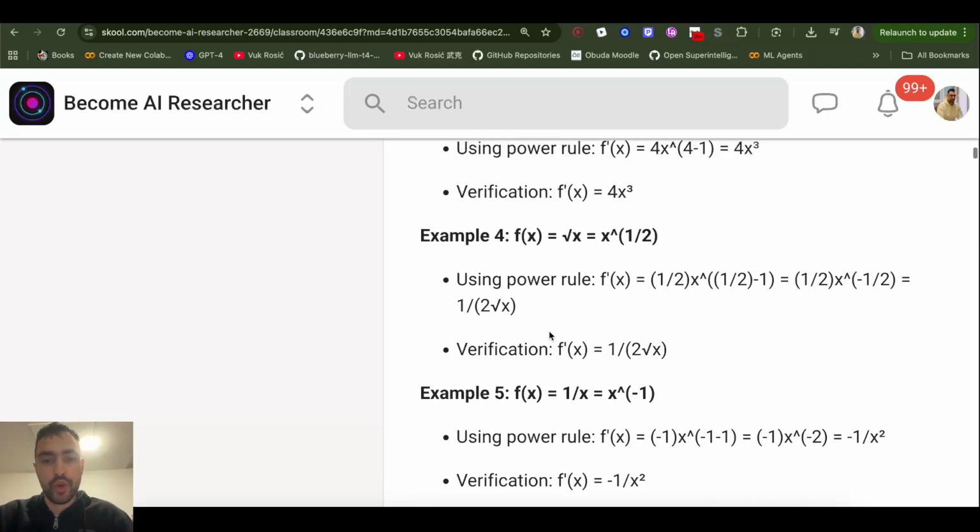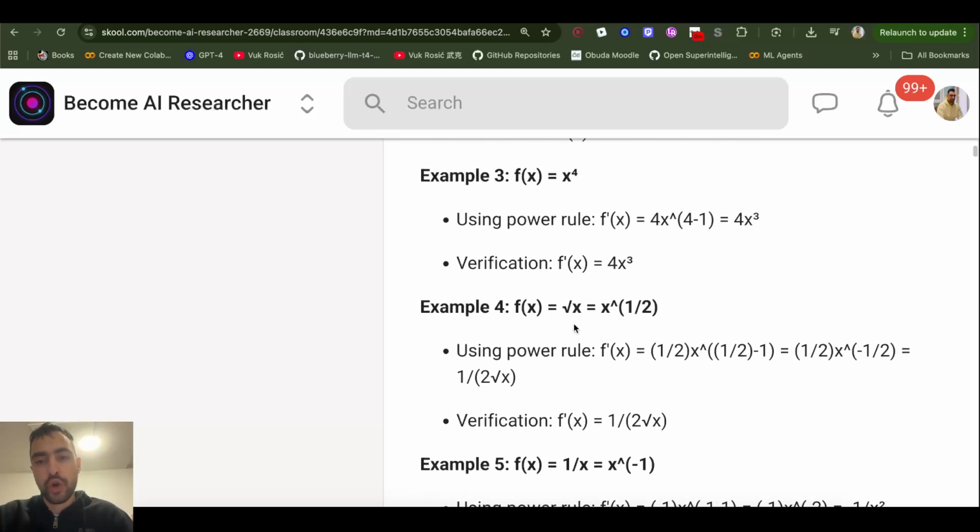I recommend you go. So did you also know that the square root of x is the same as x to the power of 1/2? So the rule would be the same for the derivative. You place this in front of x, so this times x, and then subtract 1.